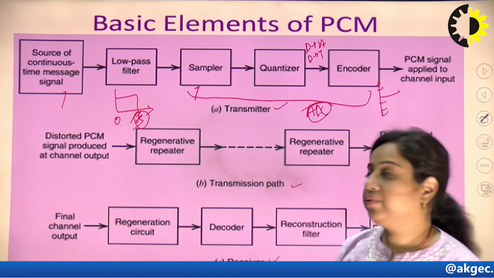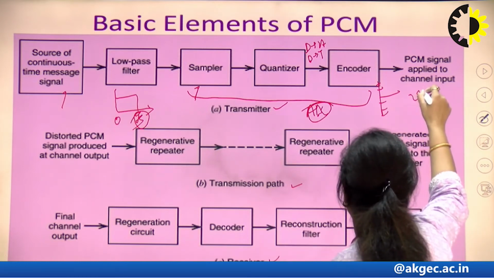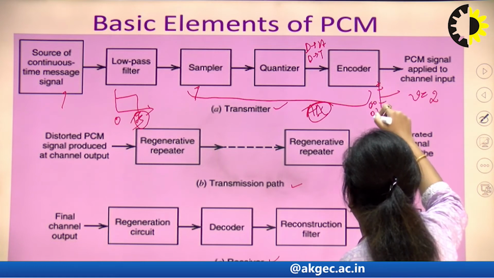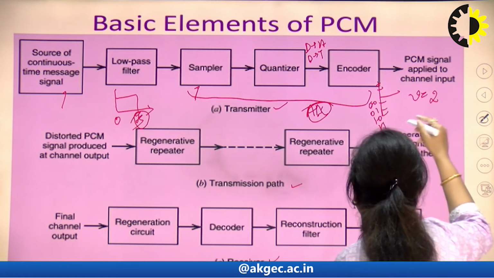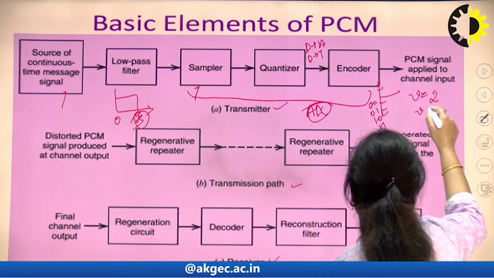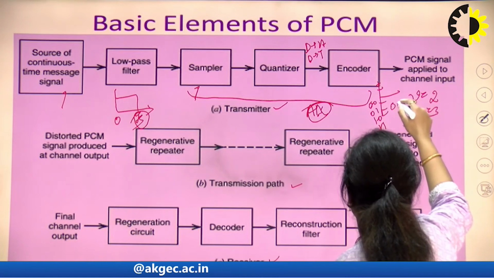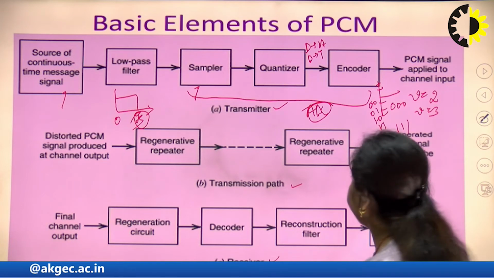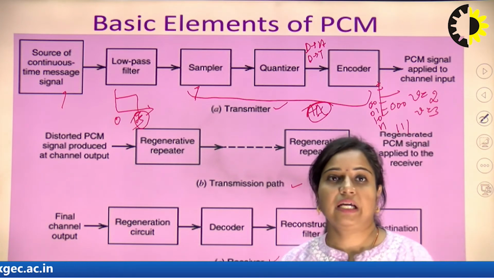Let us say we have considered a 2-bit encoder. So, it will be 00, 01, 10, 11, and if it is a 3-bit encoder, let us say N equals 3, it will be 000 to 111. That is how we can divide the dynamic range.